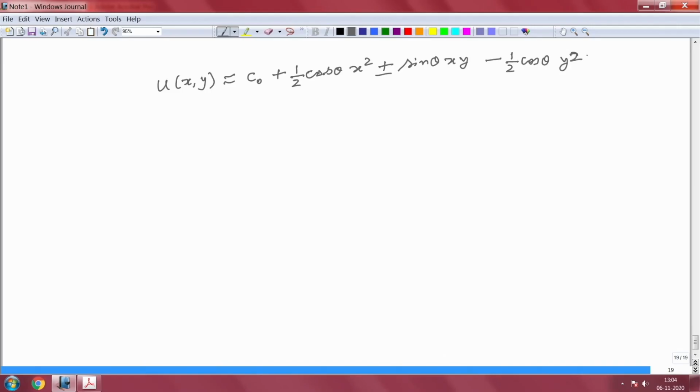And so there are two solutions, you see immediately there are two solutions. u x 0 is c 0 plus half cosine theta x square. Okay. And just observe this coefficient here, its absolute value is always less than or equal to half. So, on y equal to 0, this solution satisfies this initial condition.